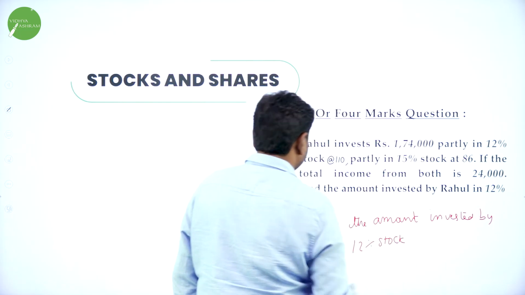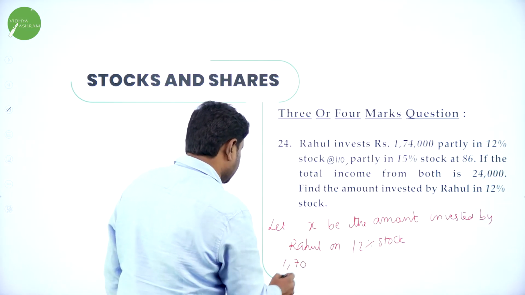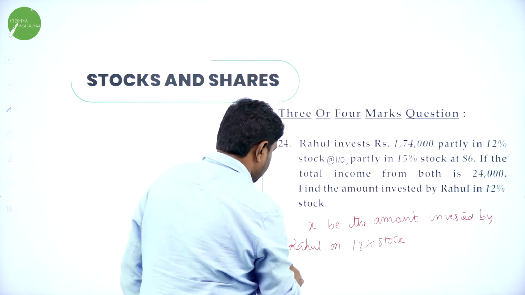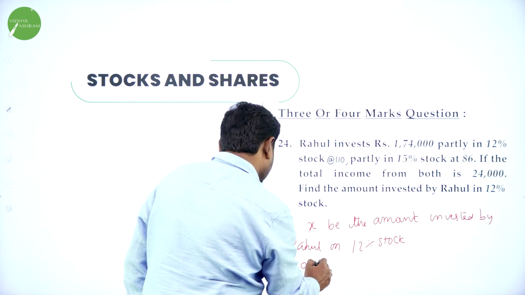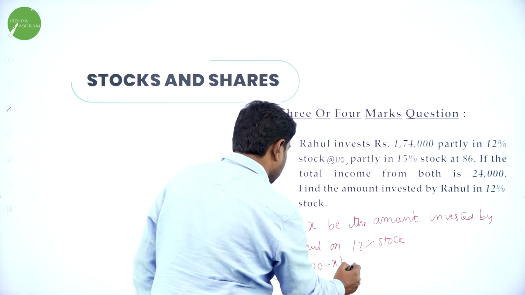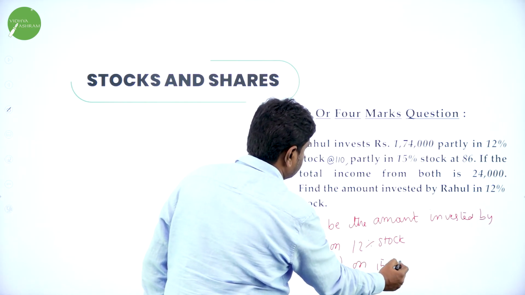And the remaining is 1,74,000 minus X, which he invests in the next stock, 15% stock. This is our assumption.